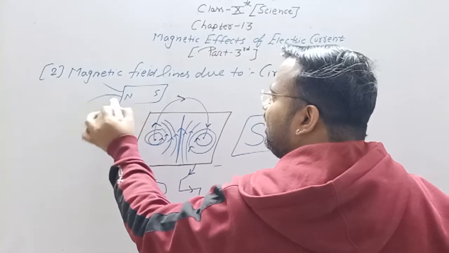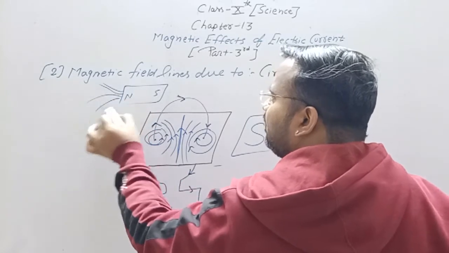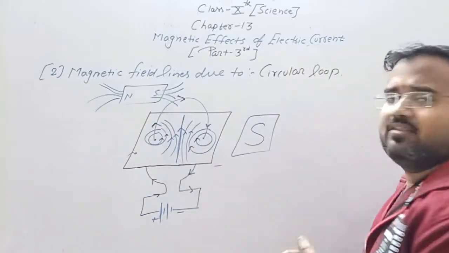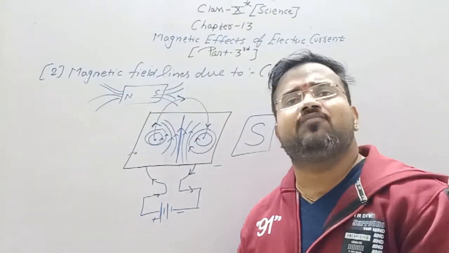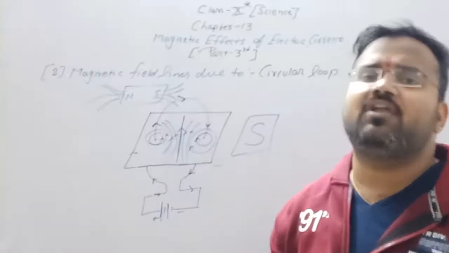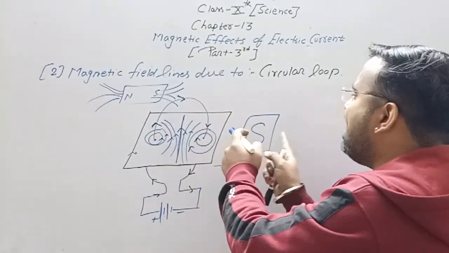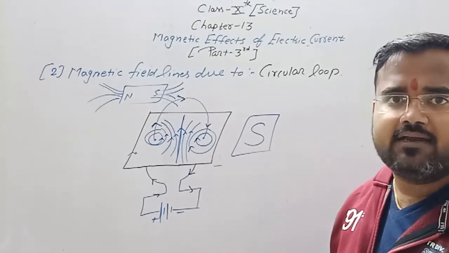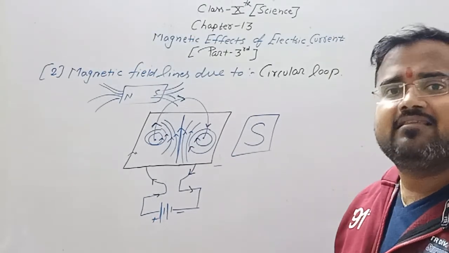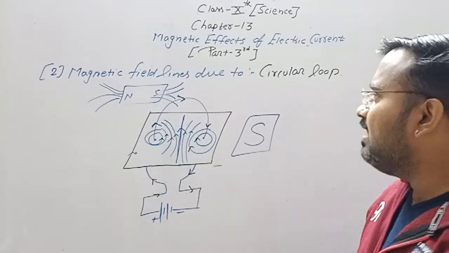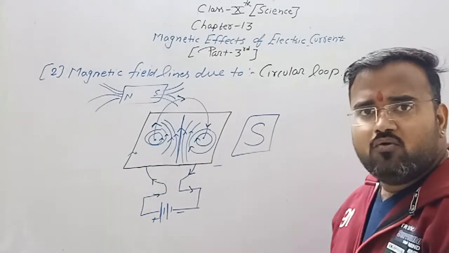The magnetic field lines emerge from the north pole and merge into the south pole. So the point where all the magnetic field lines merge is known as the south pole. So this cardboard will act as the south pole of a bar magnet. So this is what the magnetic field lines look like in a circular loop.